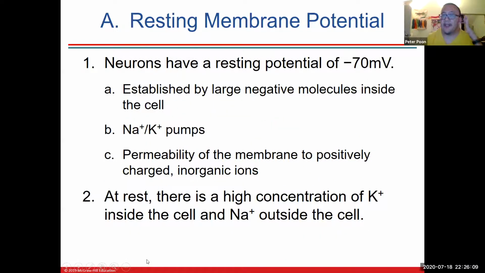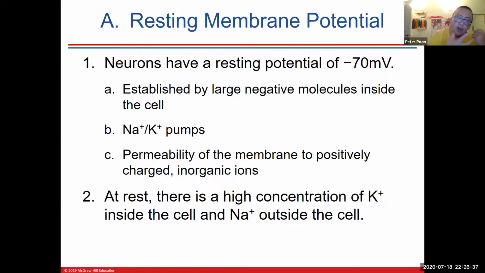First things first, neurons have a resting potential of -70 millivolts, and that's established by the electrochemical gradient. We have a sodium potassium pump, pumping stuff to the outside. It pumps all the sodium to the outside, all the potassium to the inside, and it pumps 3 sodium out for 2 potassium coming in. So 3 plus charges leaving, 2 coming in. There's a negative gradient already there.